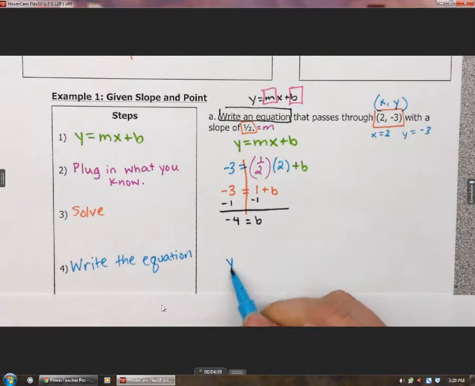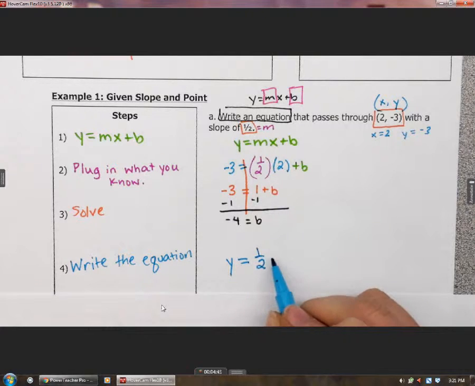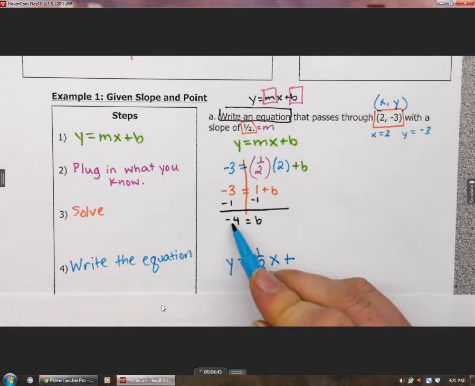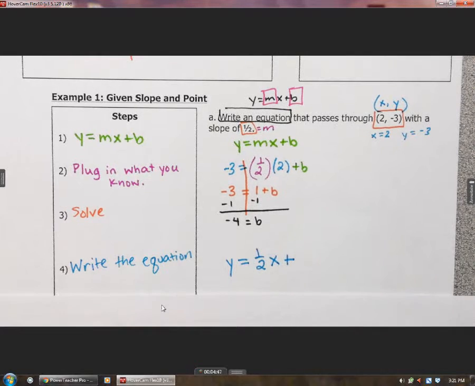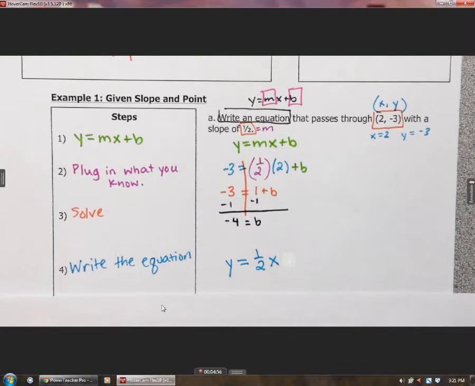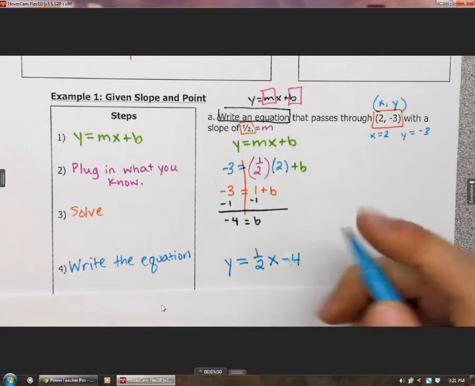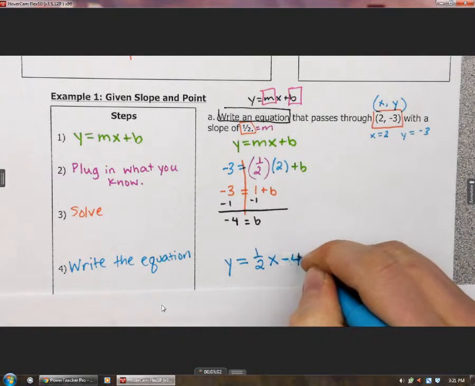So it would be y equals, m is 1/2, x plus b is -4, so actually I need some white out. That would be -4. Man, I just smeared it.